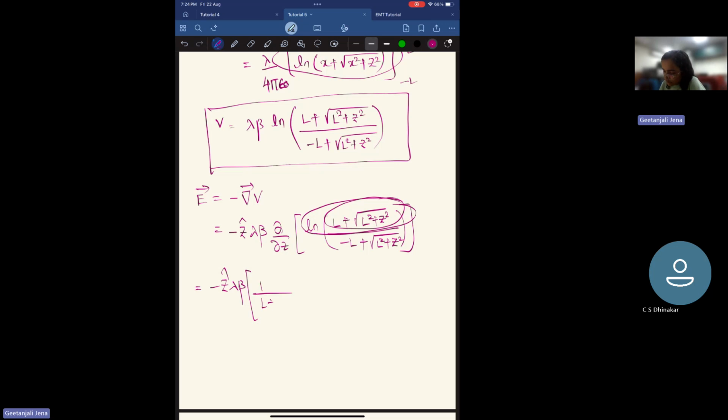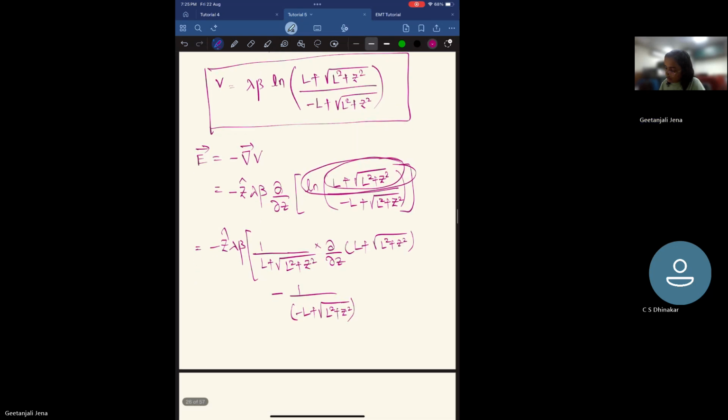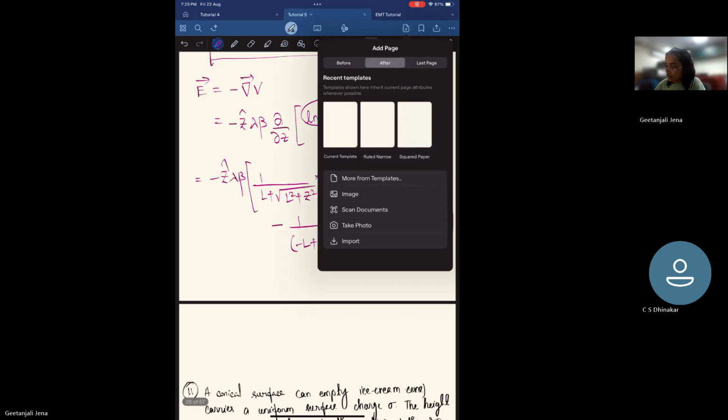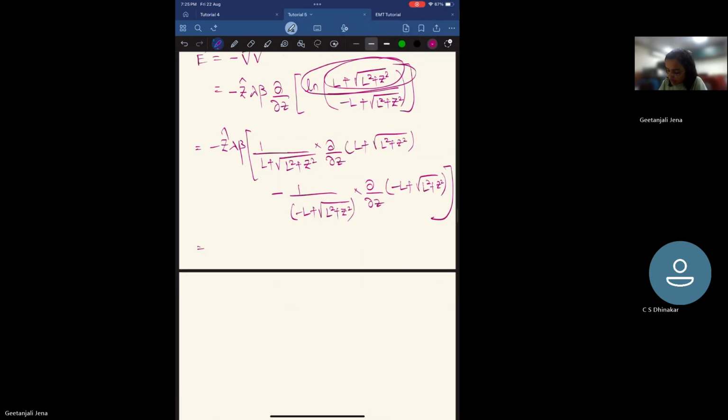This will give 1 plus z by square root L square plus z square, divided by L plus square root L square plus z square, plus the derivative of the second part, minus, divided by minus L plus square root L square plus z square. This will give z cap lambda beta.